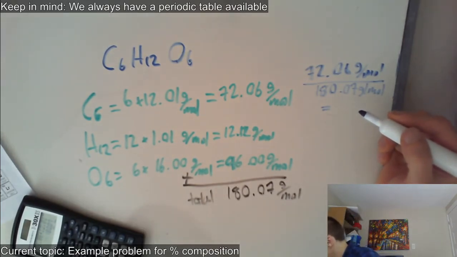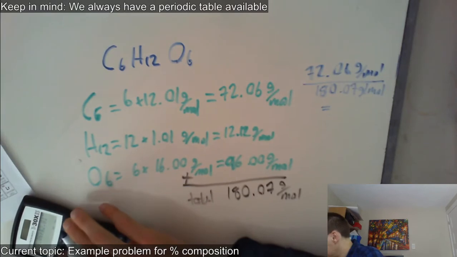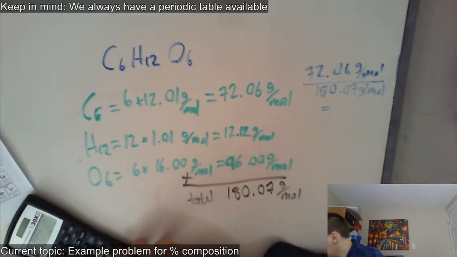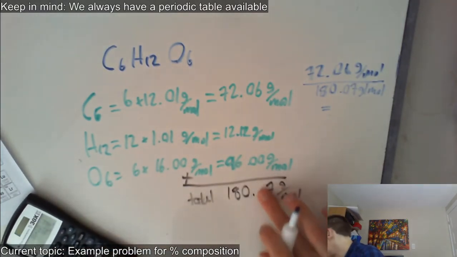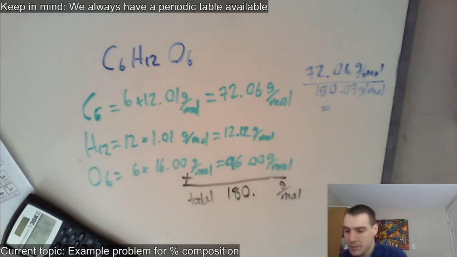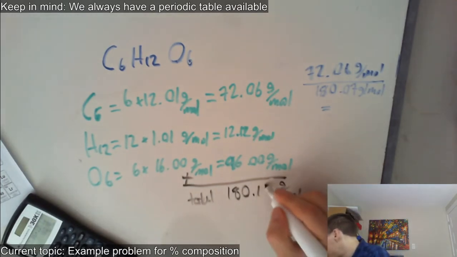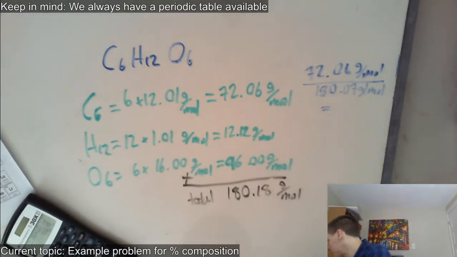Oh, did I screw something up somewhere? Oh, it's 12.12, isn't it? 180.18, sorry. I put in the wrong number in my calculator. 180.18 grams per mole. So 72.06 divided by 180.18 grams per mole.